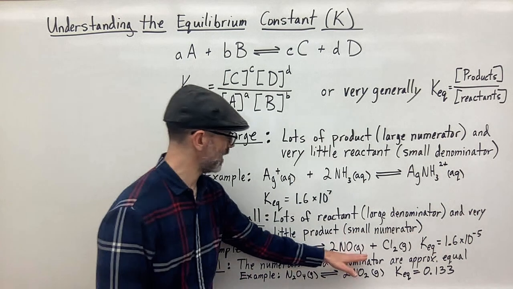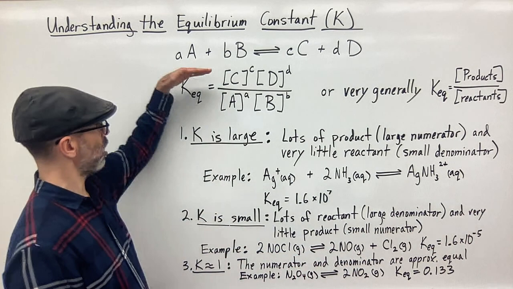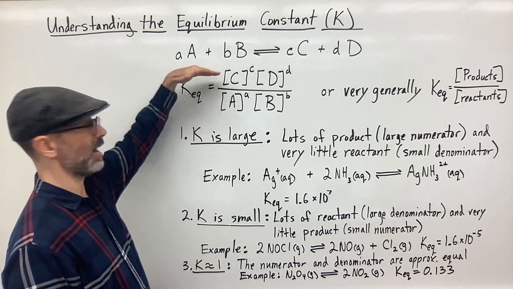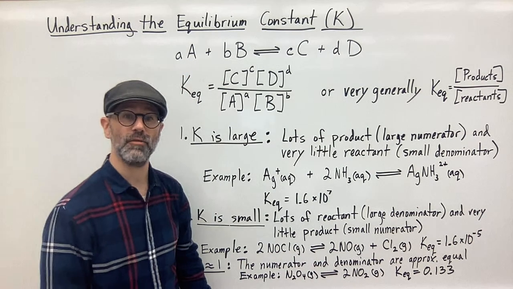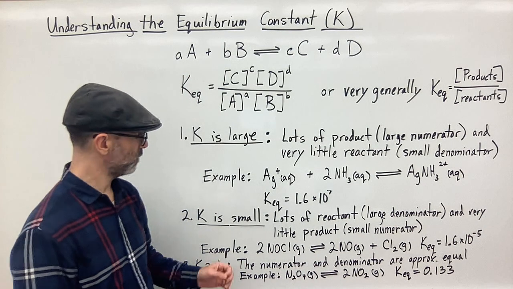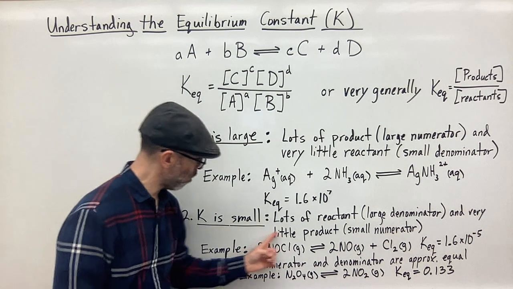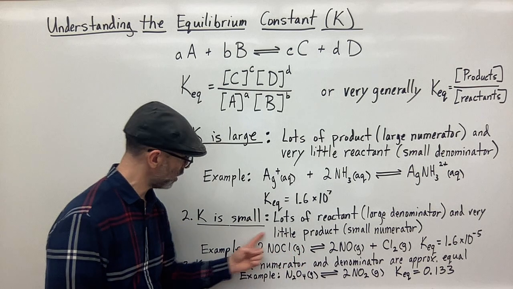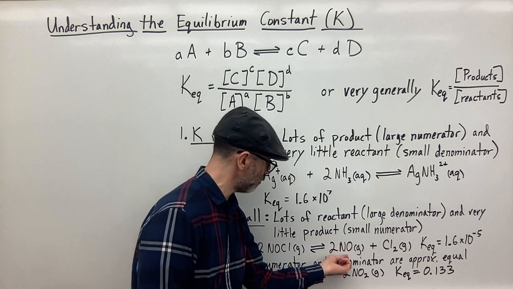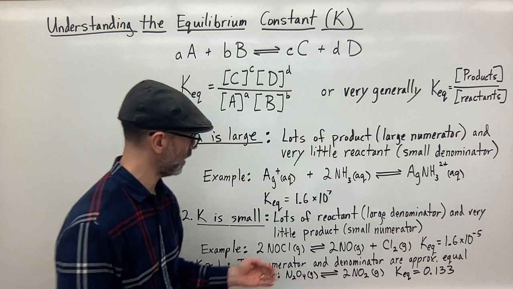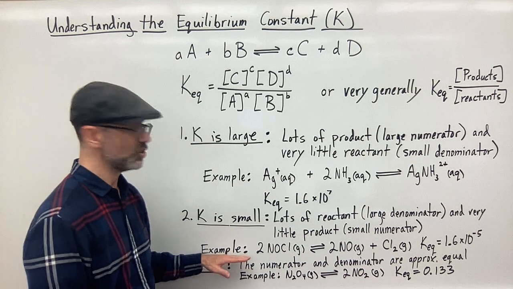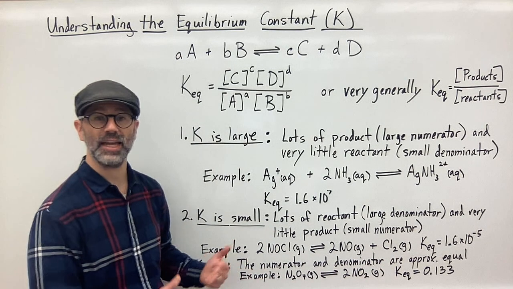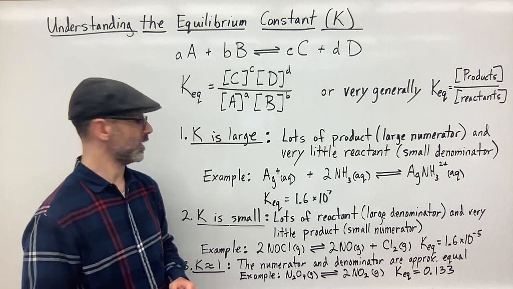So that is, again, saying we have a large amount of reactant and a very small amount of product at equilibrium. So we're going to have a whole lot of this at equilibrium, and we're going to have a tiny amount of NO and a tiny amount of chlorine at equilibrium. And so that's what a small KEQ means for the reaction.